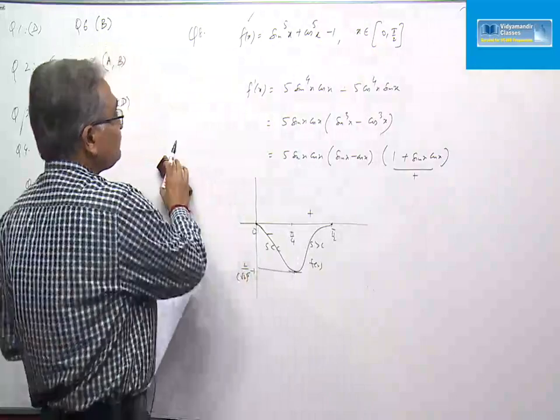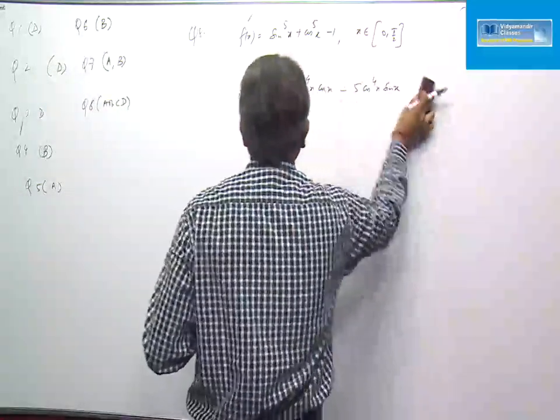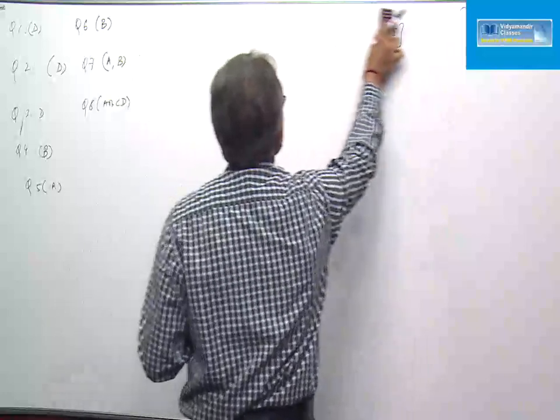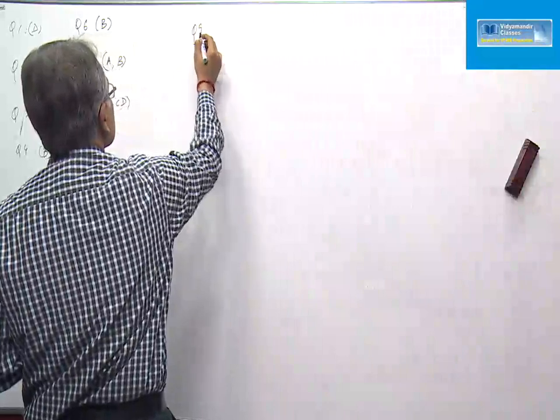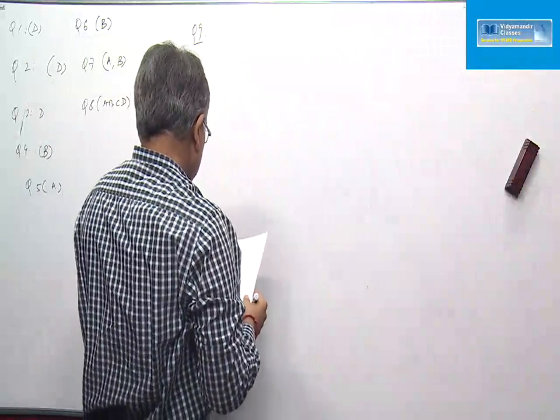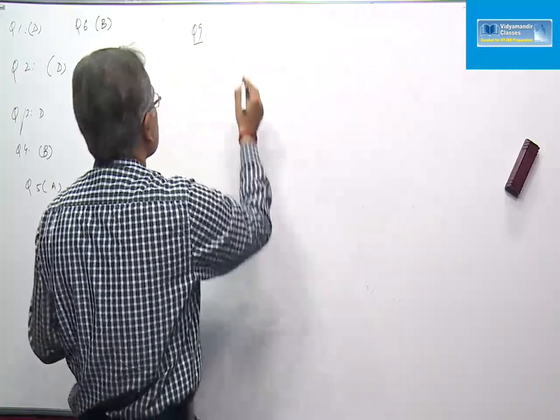Question 9. It says let e and f(t) be the eccentricities of the ellipses.